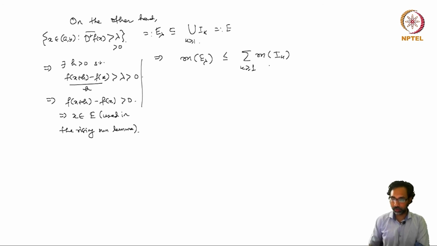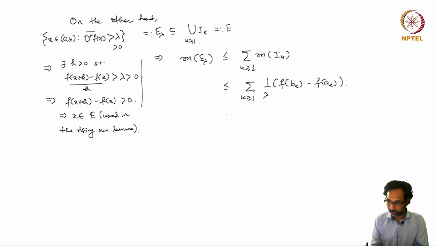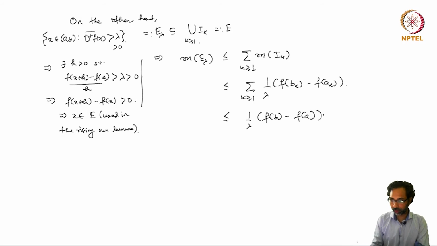This is simply by countable subadditivity, and then we have that this is less than or equal to the sum over k greater than or equal to 1 of 1 over lambda times (f(b_k) minus f(a_k)), by the inequality that we just proved, and this is less than or equal to 1 over lambda times (f(b) minus f(a)).